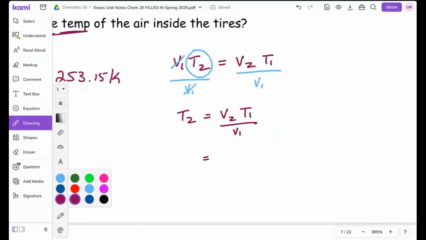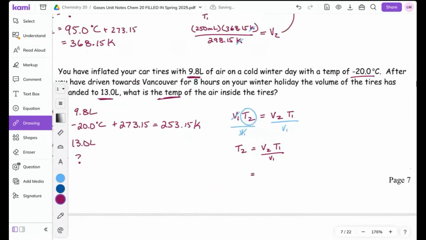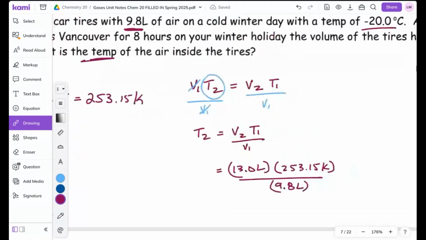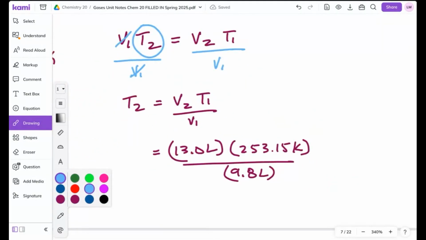Now let's plug in our numbers here. So V2, that was 13 liters. T1, that was 253.15 Kelvin. And then V1 was 9.8 liters. Okay, so notice how liters is on the top and the bottom.